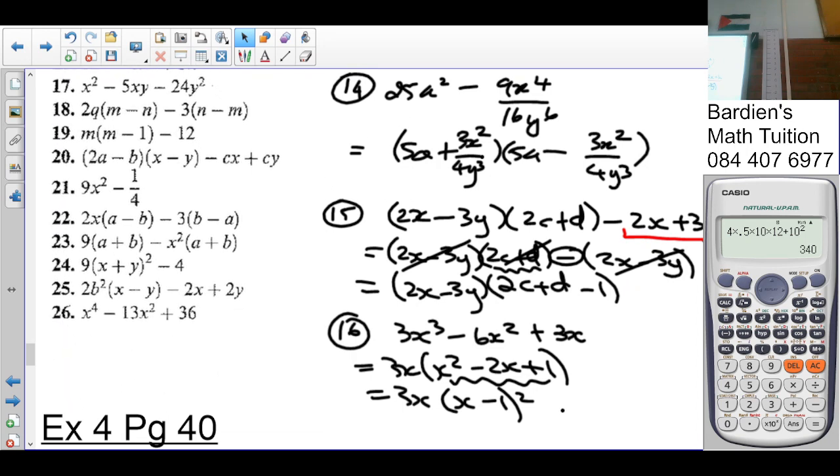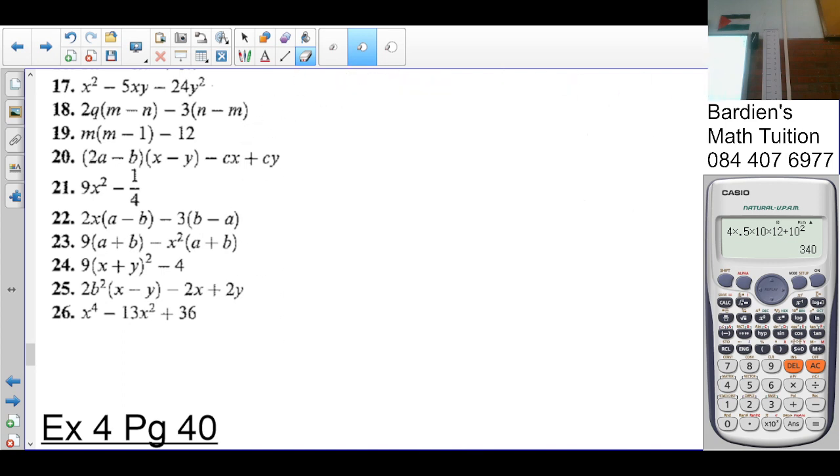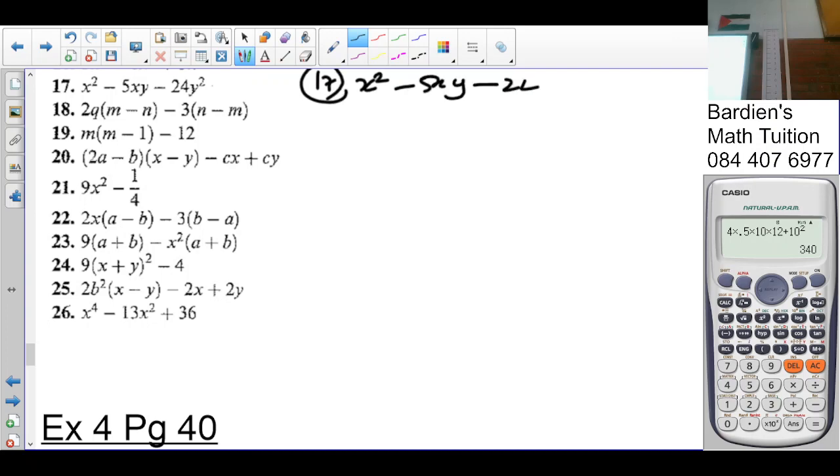Let's look at number 17. You've got x squared minus 5xy minus 24y squared. What type of factorization here? Trinomial. Why? We've got x squared, x and no x. From the other side we've got y squared, y and no y.